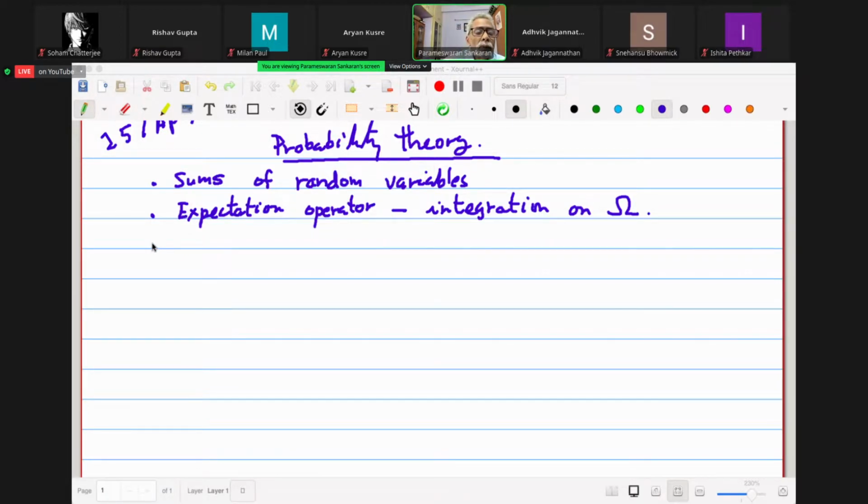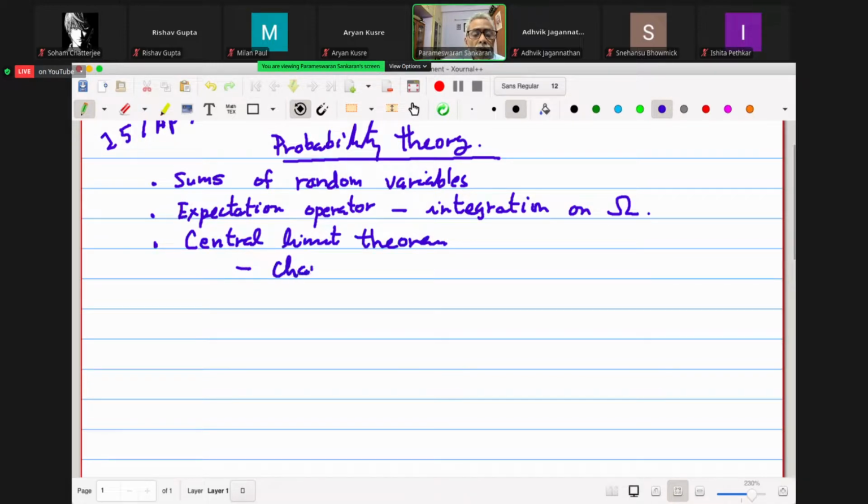And then the main thing that remains is the central limit theorem. Let me write out what remains to be done. Central limit theorem. And that will require me to discuss characteristic functions.